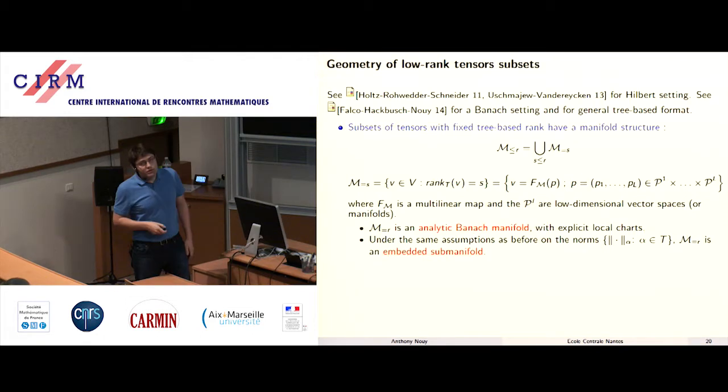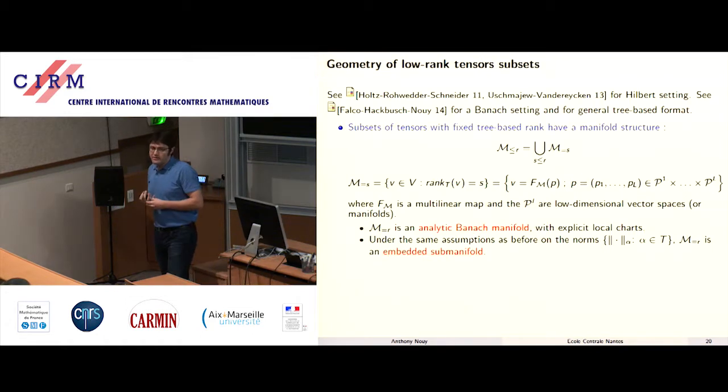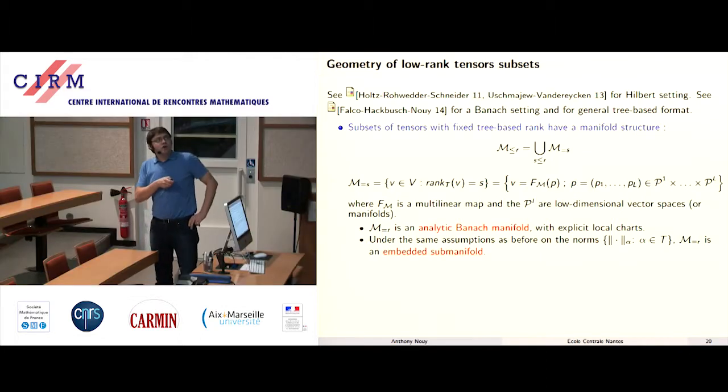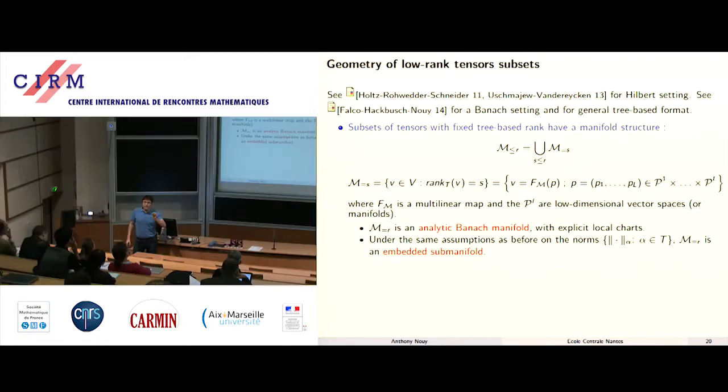Just a slide also on the nice geometrical property for this subset. In fact, what you can show is that the set of tensors with a bounded rank R can be seen as a union of subsets of fixed rank. You have a kind of stratification of your set here, which is a union over all S lower than R of these subsets of fixed rank, and these subsets of fixed rank can be proved to be analytic Banach manifolds.